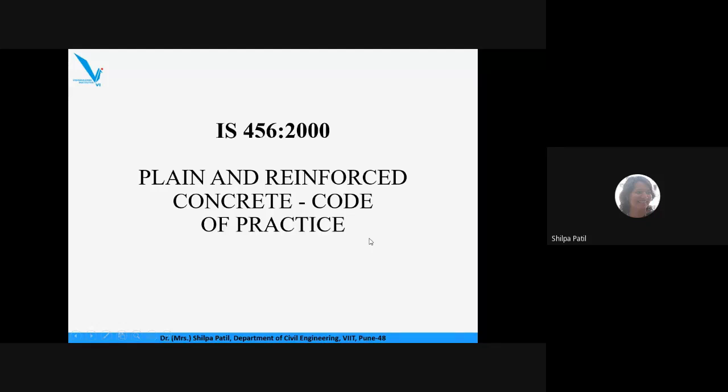I hope everybody has brought this code today. During Monday's lecture, I informed everybody to download this code from the internet and keep this copy with you during the lecture. So how many of you have this code right now with you, either in soft format or in hard format?